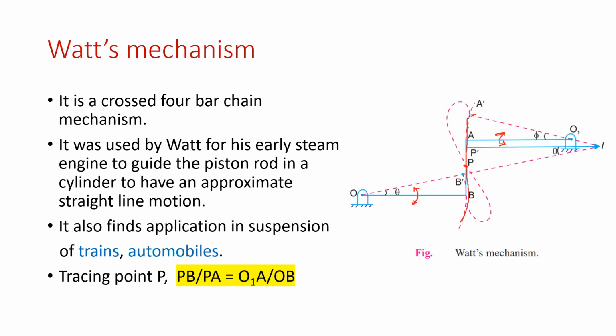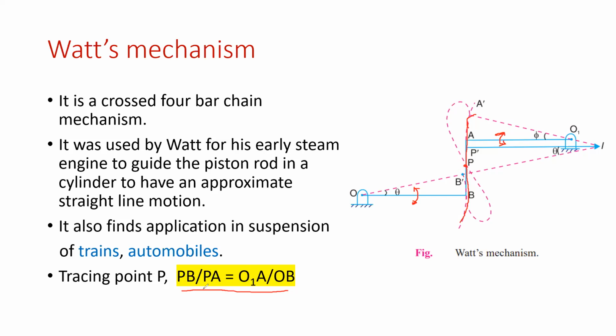Various points of the link AB will be moving in this path, and the particular point P can be found out by this relation. That particular point P will be moving in an approximately straight line. So how to find that point, or how to ensure this ratio between different lengths of the links?